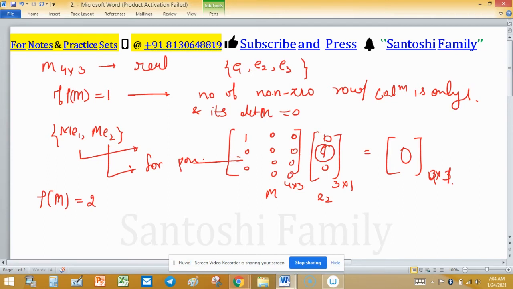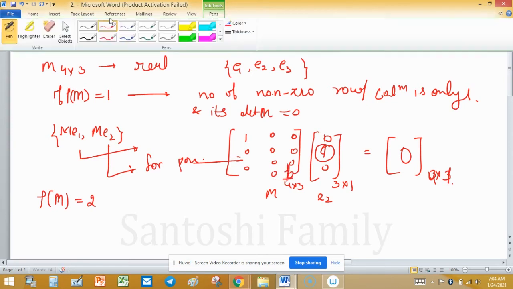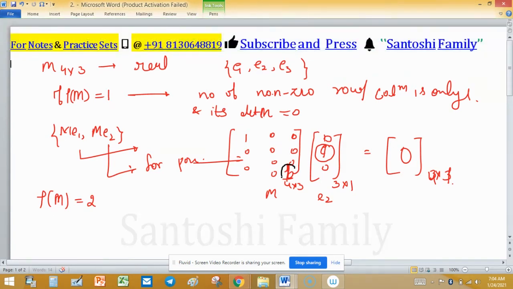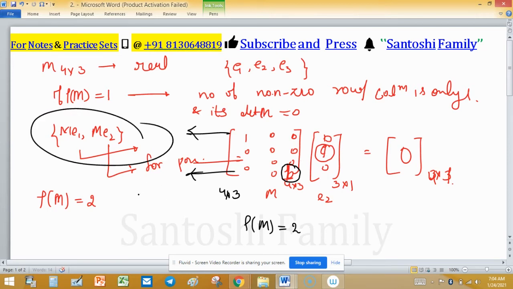Suppose I made this entry non-zero here. The size of this matrix is the same, 4 by 3, and this is a non-zero row and this is also a non-zero row. So the rank of this matrix is 2, and if you multiply by this matrix, the set contains 0, so again it is not linearly independent.